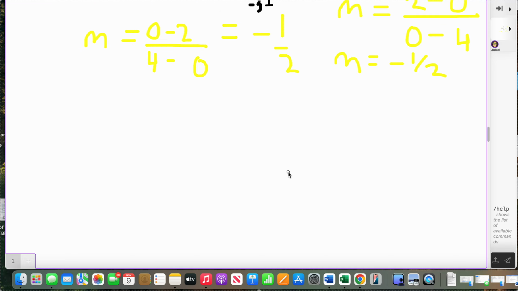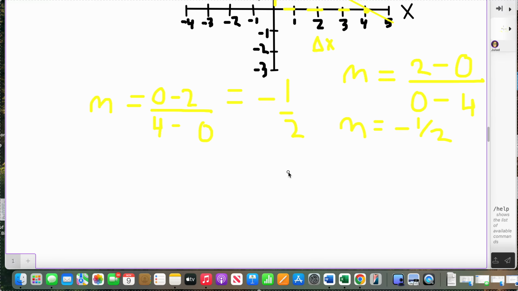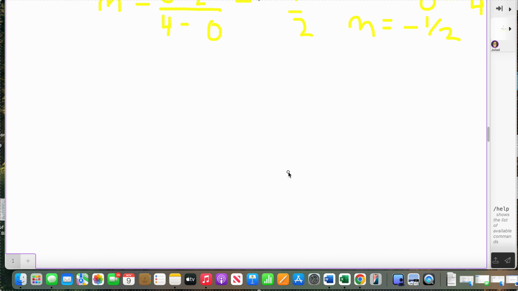Now let's discuss how to find slope from a table.